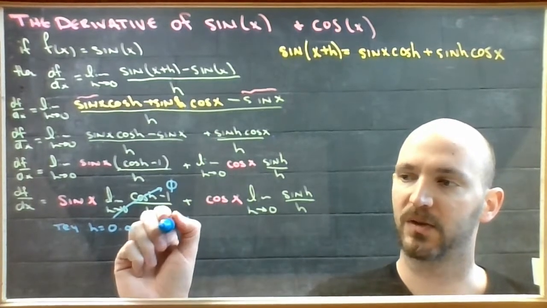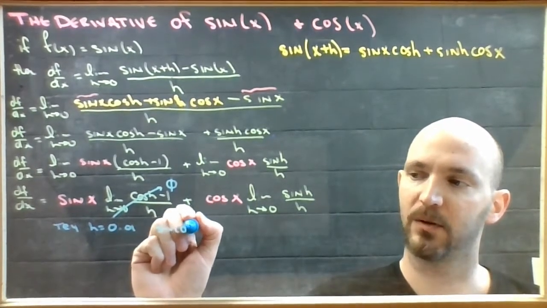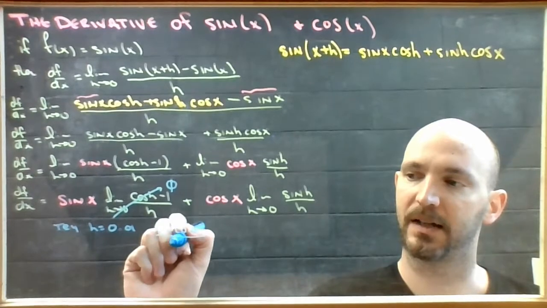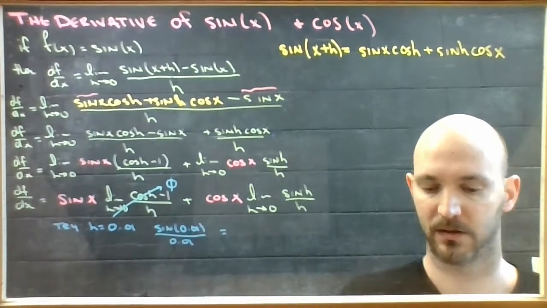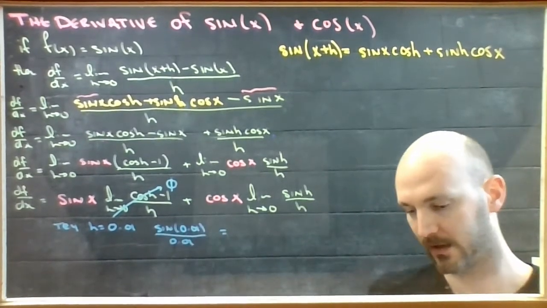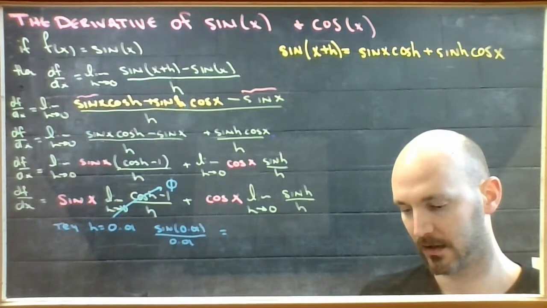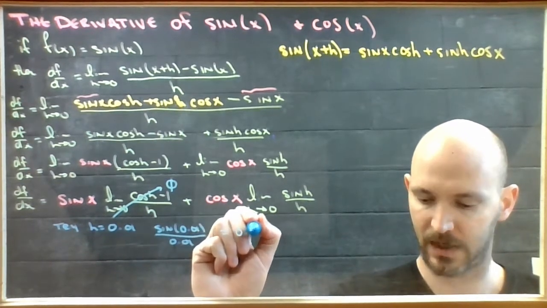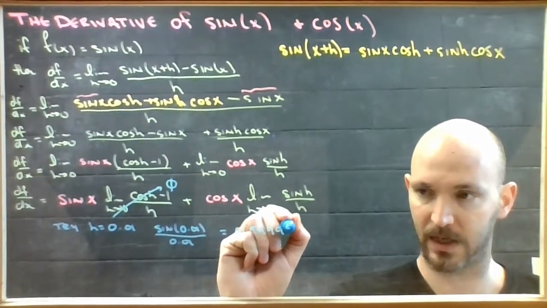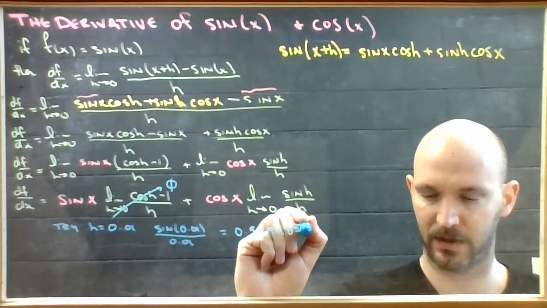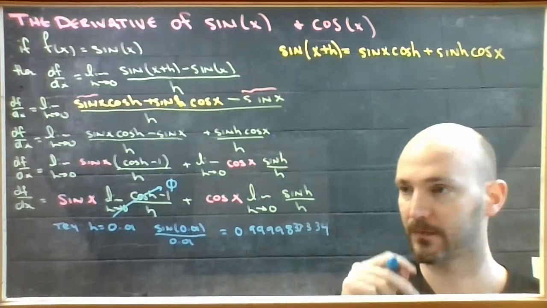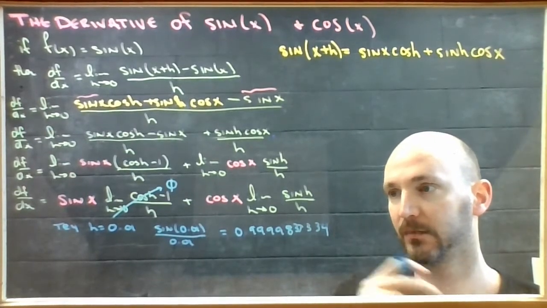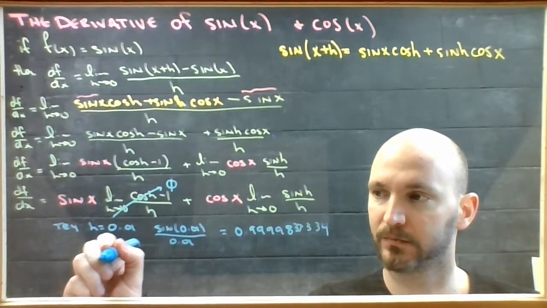I'm going to do sine of 0.01 divided by 0.01. If I type that into the calculator, sine of 0.01, something teeny, divided by 0.01 gives me 0.99998333334.